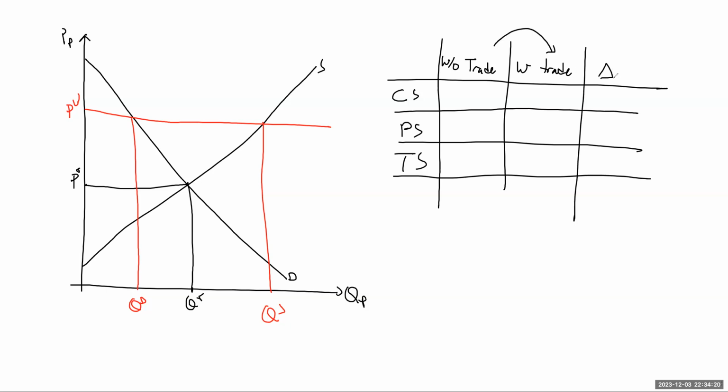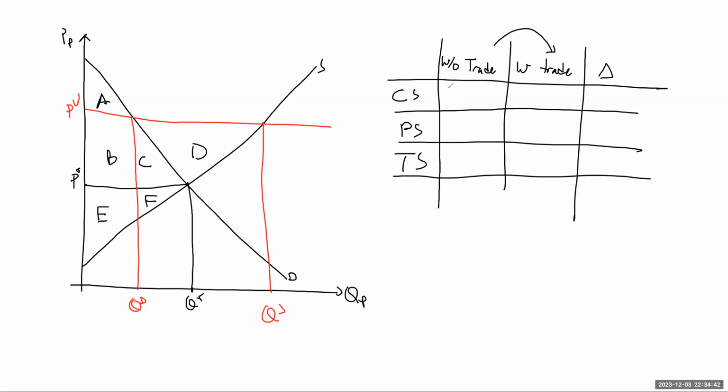Change, triangle meaning change. What happens to consumer surplus without trade, with trade, what did it change by? I'm going to have to put up letters here. A, B, C, D, E, F.